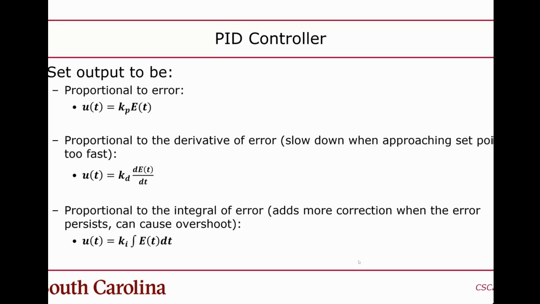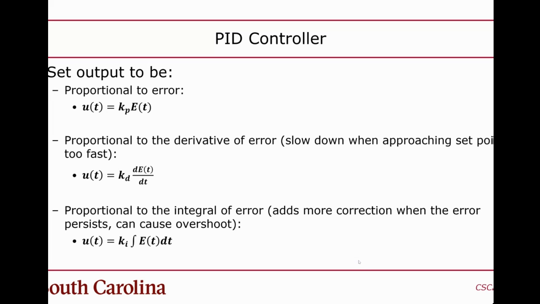I want to minimize the amount of fuel I use, or I want to get there as fast as I can. There are ways that you can craft the controller. You can tune it, basically. The PID controller doesn't really have a way to tune it other than arbitrarily turning the dials of the three parameters: the proportional Kp, the derivative Kd, and the integral Ki.